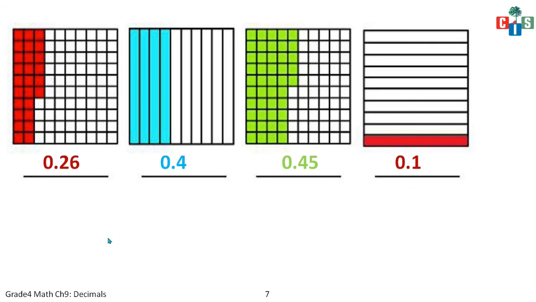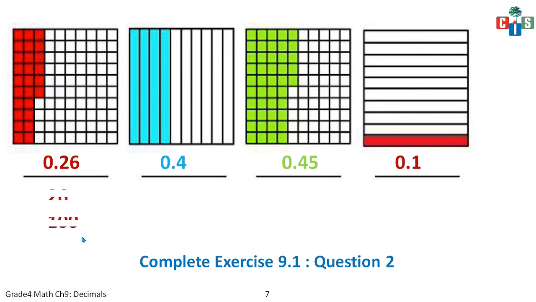Now how will you write it as a fraction? You have to complete exercise 9.1, question number 2 only. Now we will see the fraction form also. 26 by 100 is written as 0.26, because 26 portions are colored out of 100. Here you have 4 portions colored out of 10, so 4 by 10 is written as 0.4.